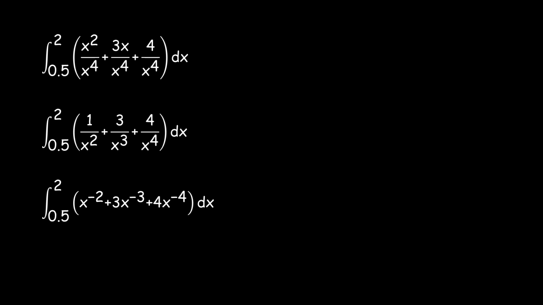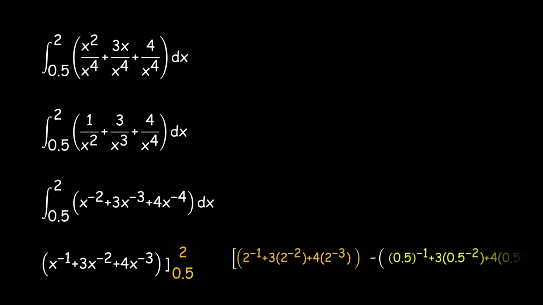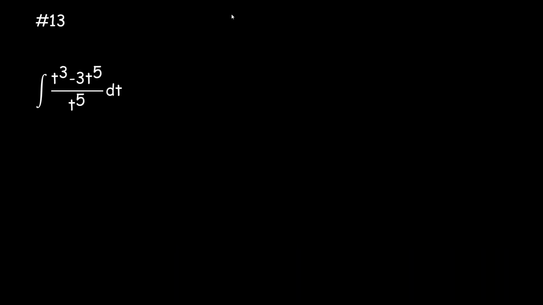This will give us x to the power minus 1 plus 3x to the power negative 2 plus 4x to the power negative 3. Substituting the limits, which are 2 and 0.5, we would get our final answer, which is negative 44.25.